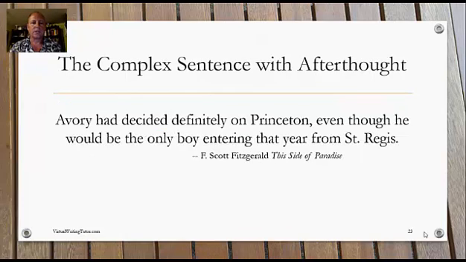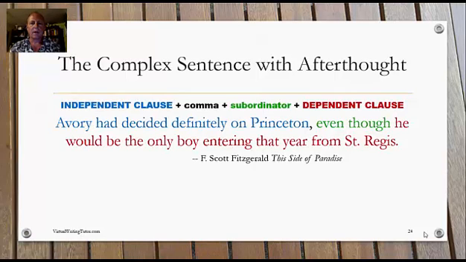Just as we can have an anticipation and an interruption, we can also have an afterthought with a complex sentence. Here's a complex sentence with an afterthought. Avery had decided definitely on Princeton, even though he would be the only boy entering that year from St. Regis. We'll look a bit more closely. Even though is our subordinator.